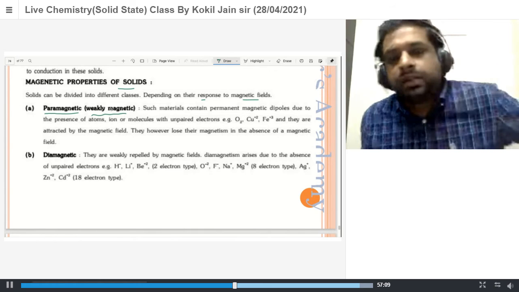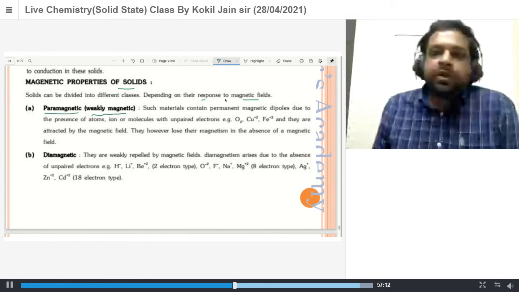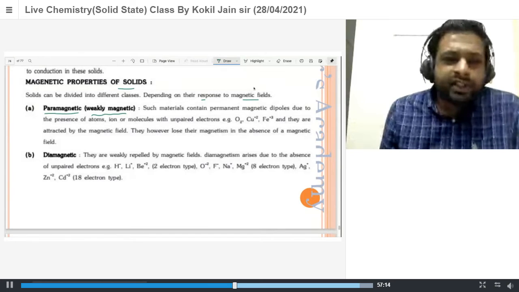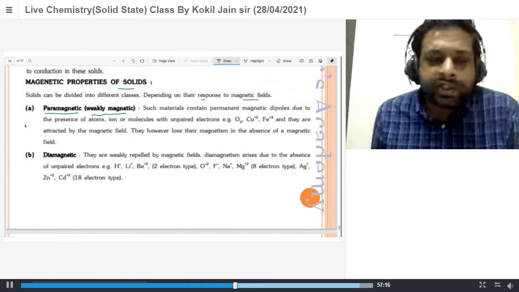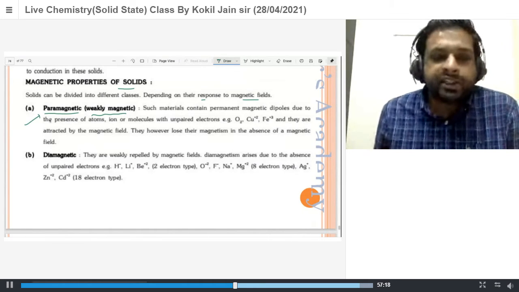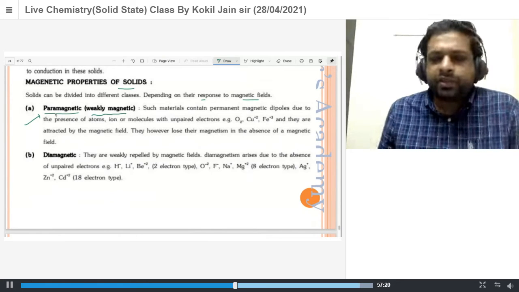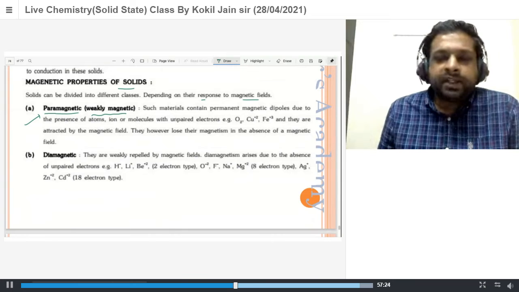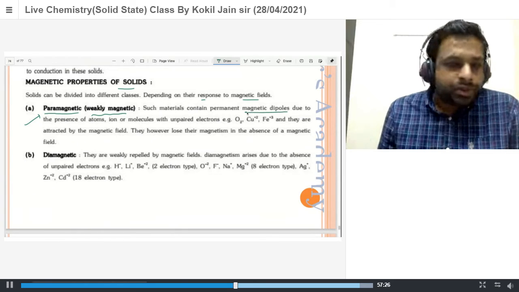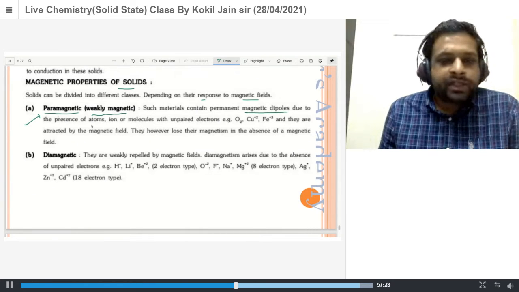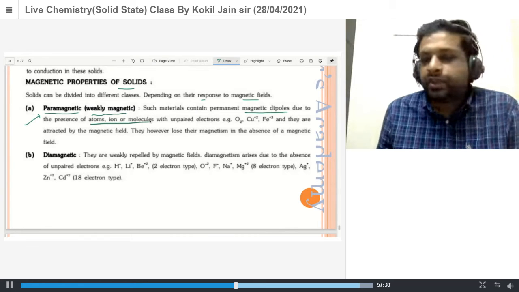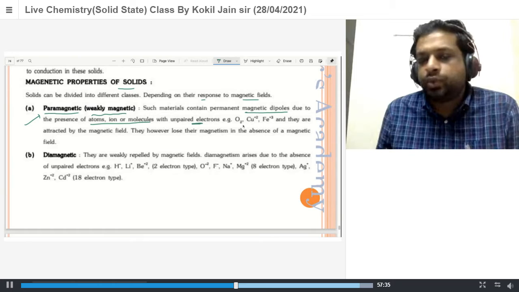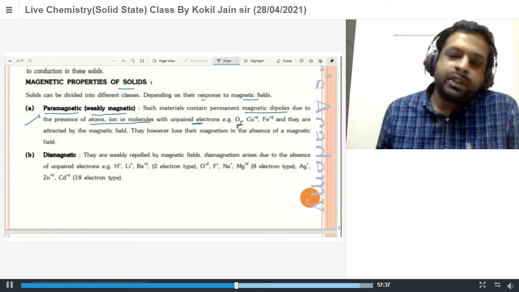In such types of compounds, which you have already heard of in chemical bonding as well, these two terms, paramagnetic and diamagnetic, this is what we are going to see. Such materials contain magnetic dipoles, due to the presence of atoms, ions, or molecules with unpaired electrons. Like in case of O2, you saw O2 is paramagnetic.